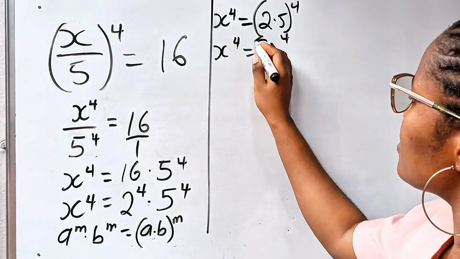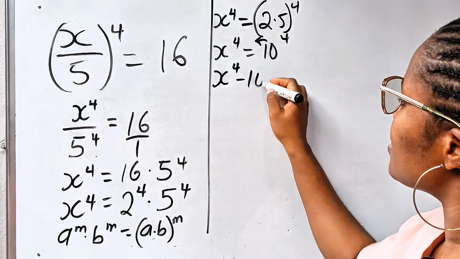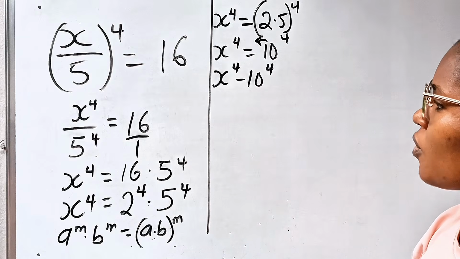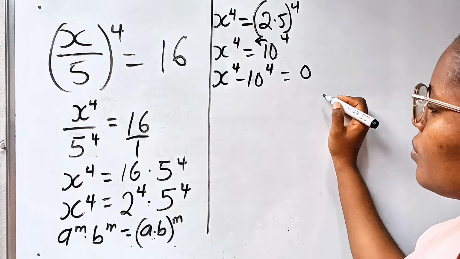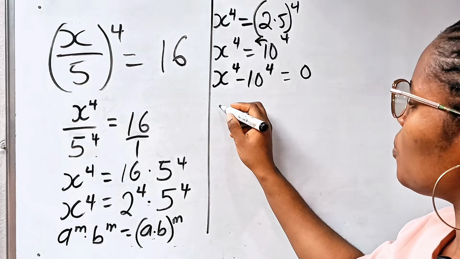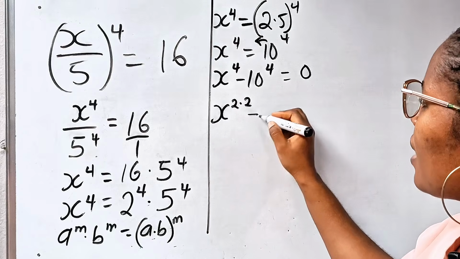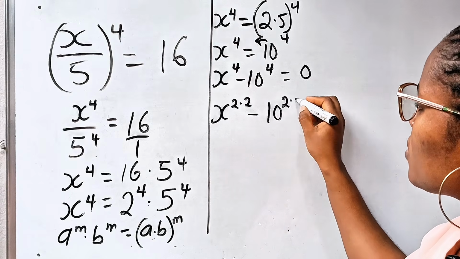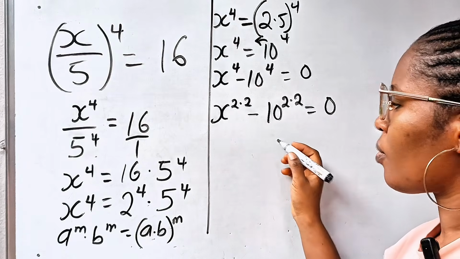Let's transfer this to this side. So we have x^4 minus 10^4 is equal to 0. Now we can write x^4 as x^(2 multiplied by 2) minus 10^(2 multiplied by 2) is equal to 0.